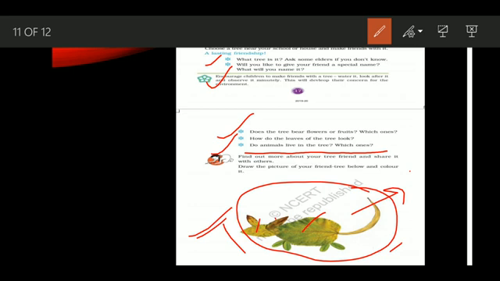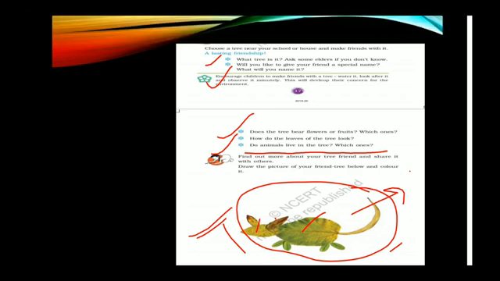You can also collect different types of leaves and make different patterns, different animals, and other things, whatever you want. It depends completely on you. It is just an activity you can do at your home.